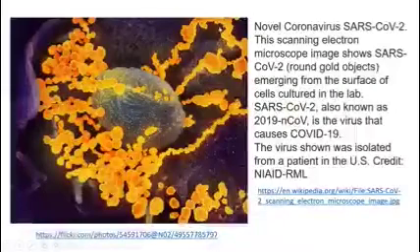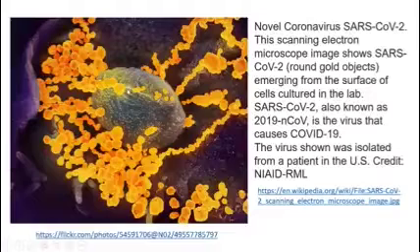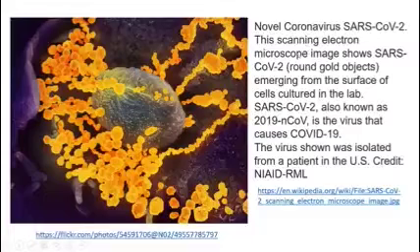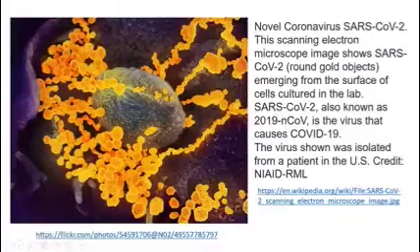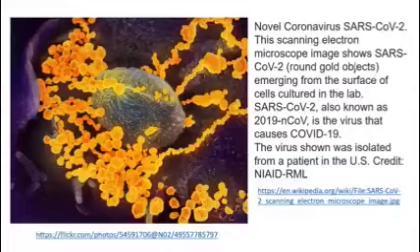And these are some SEM images. As you see, this is the novel coronavirus SARS-CoV-2. In this scanning electron microscopic image, when you zoom in, the virus is about 125 nanometers. When you magnify it using electron microscopy, you can see them.